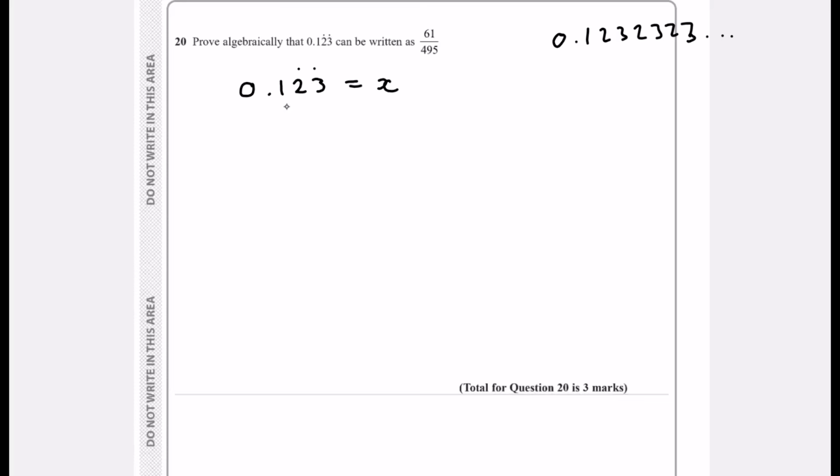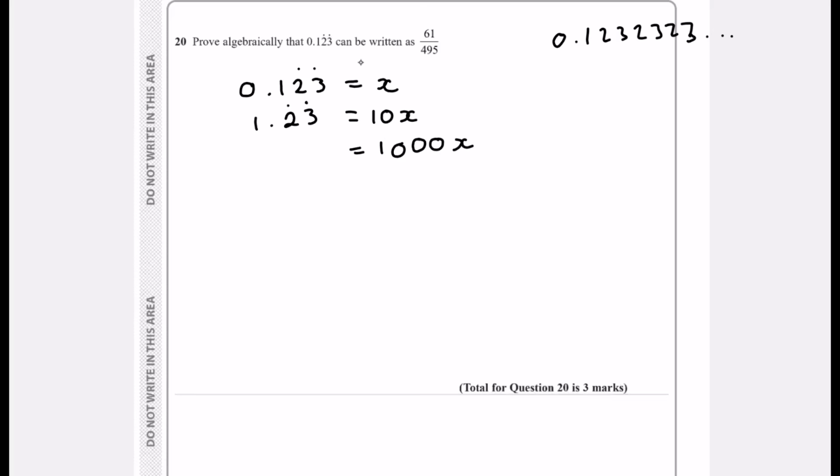I'm going to find two things that end in the 2, 3 recurring. So if I multiply this by 10, I get 1.23, 23, 23, 23, and so on. And then if I multiply by 100, so multiply the 10 by 100, that will take it up to 1,000 lots of x.